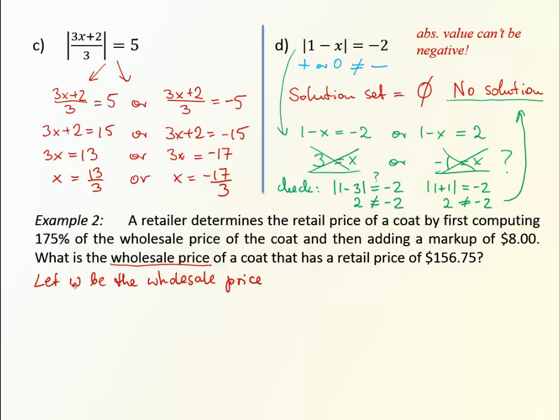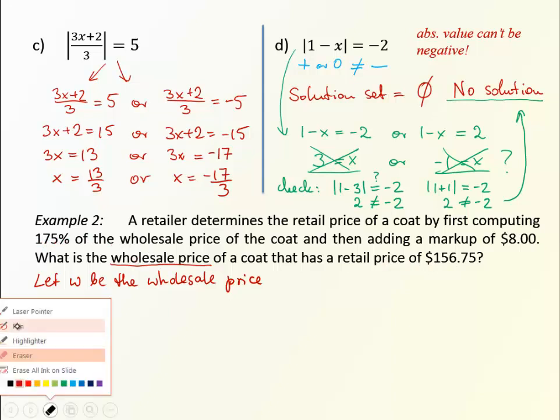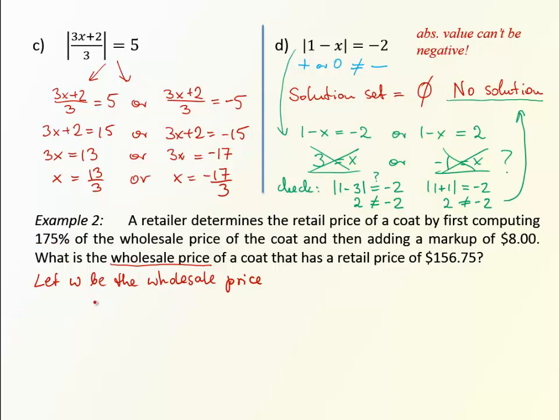Then in terms of W, we can follow the process of thinking of the retailer. How did he build the retail price? Well, he took the 175% of the wholesale price. So we take 175% as 1.75 as a number.